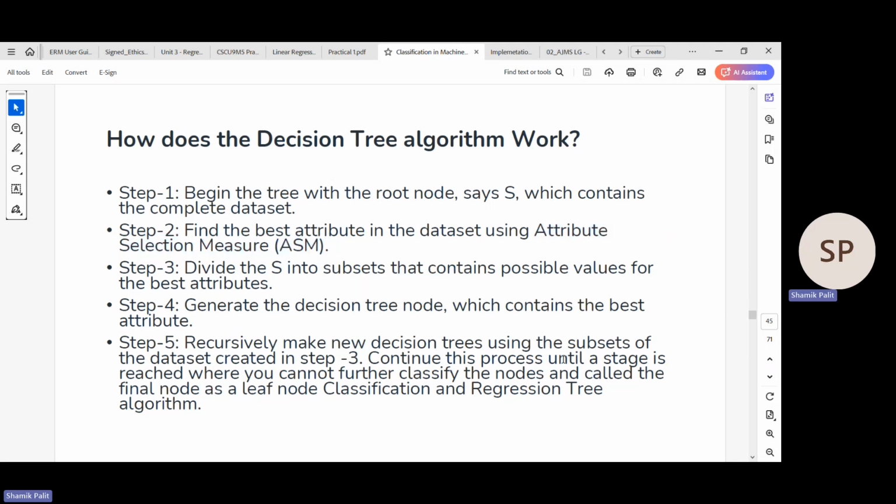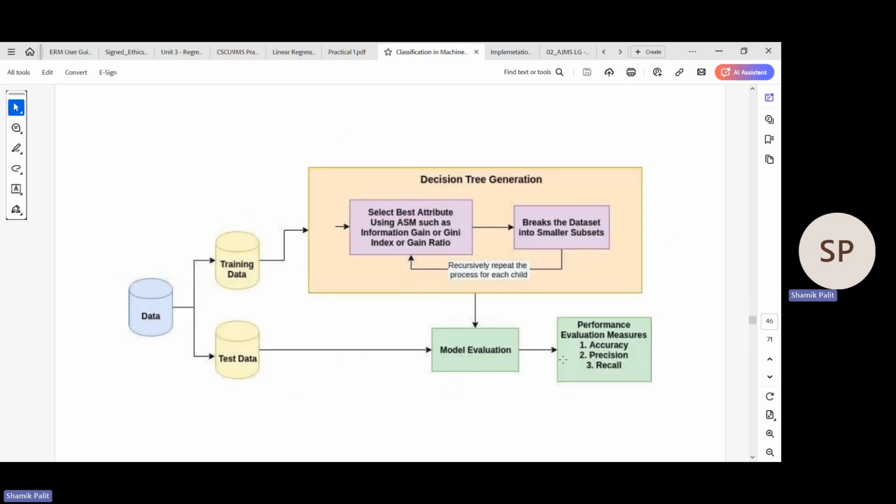These are the steps followed, starting with creating a root node, followed by using a strategy of attribute selection, and then we start dividing S into corresponding subsets, and ultimately we keep repeating the step until we reach a specific level beyond which we cannot have further classification. This is what is important.